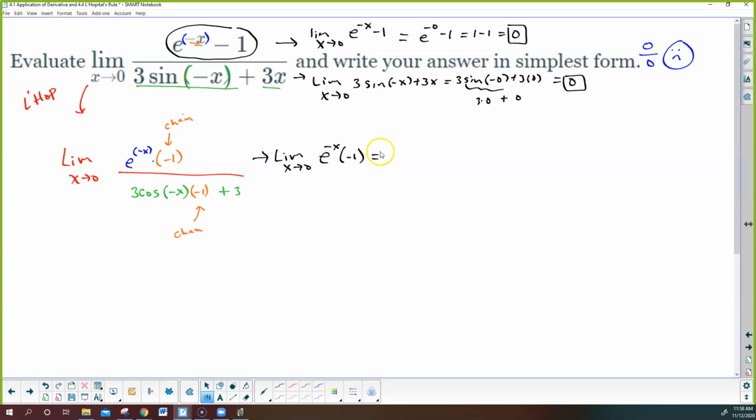We're going to plug in 0 and evaluate that limit. Well, e to the negative 0 is 1, so I actually get negative 1 up top. All right, that's a good sign. That means that I most likely won't be an indeterminate form, but it doesn't mean my answer is guaranteed to exist. So now I'm going to do the limit of the bottom.